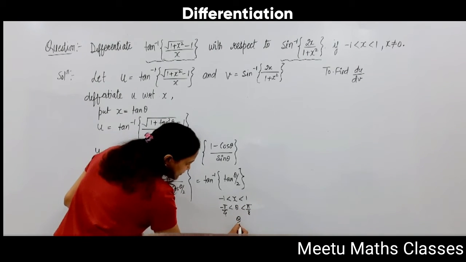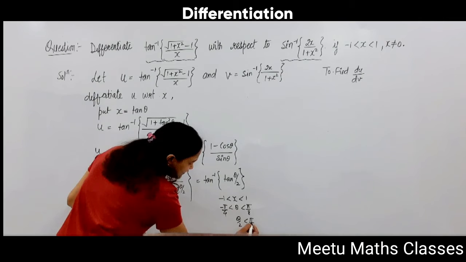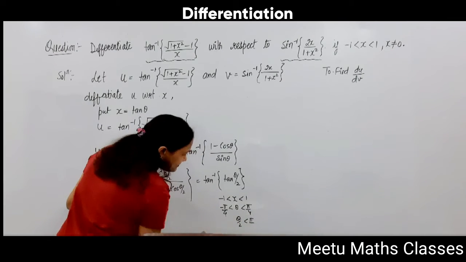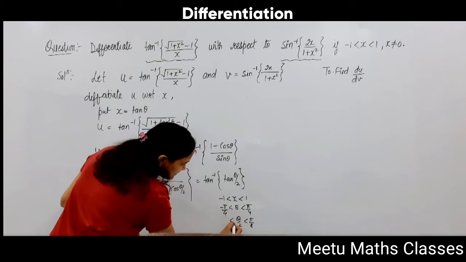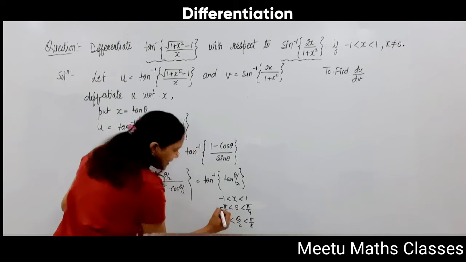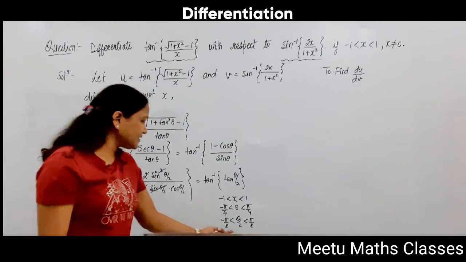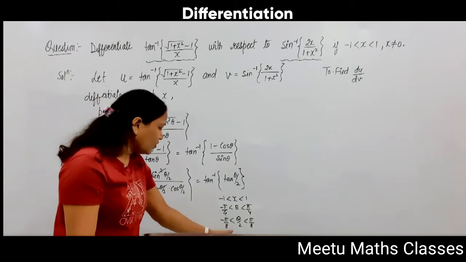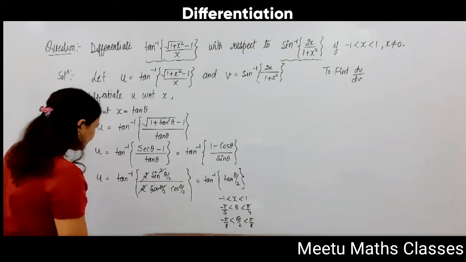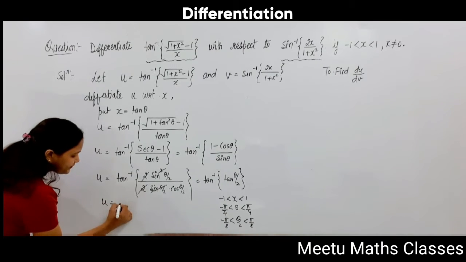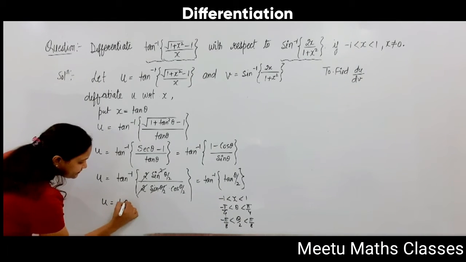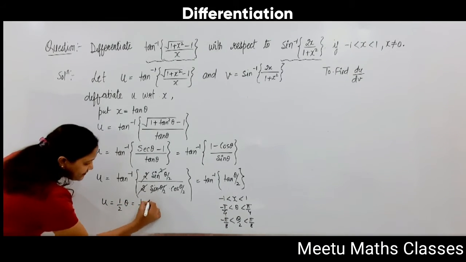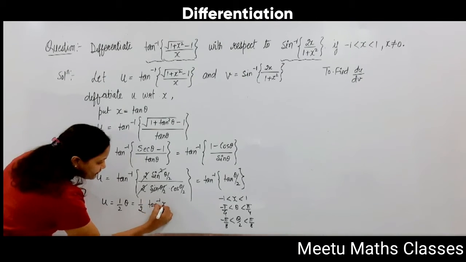If you divide by 2, theta by 2 lies between minus pi by 8 to pi by 8, which is within the range of tan inverse. So hence it is invertible, and u is equal to theta by 2, and theta can be replaced by tan inverse of x.